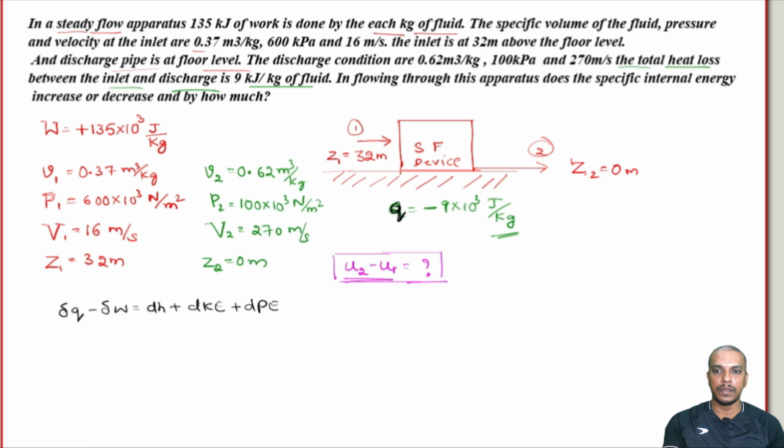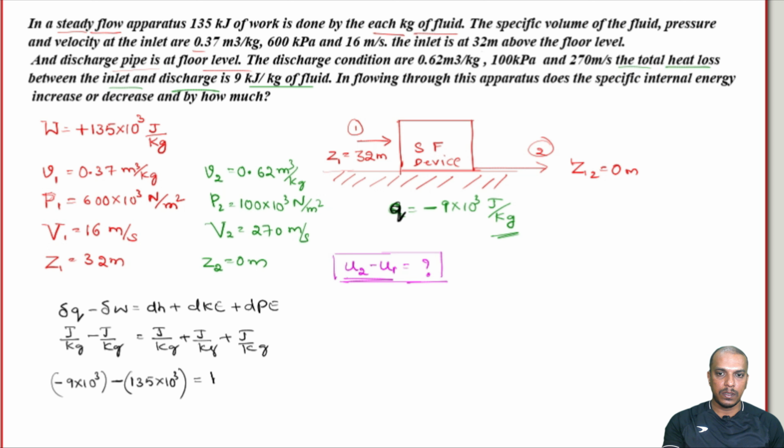There is no mass flow rate given, so everywhere this has to be in joule per kg. Now, q is minus 9 into 10 power 3, minus this work transfer is 135 into 10 power 3.